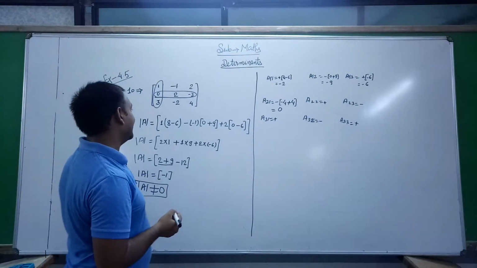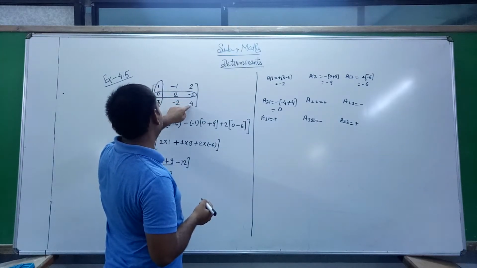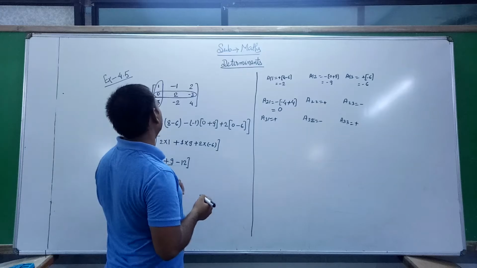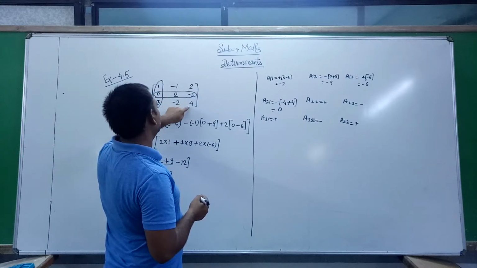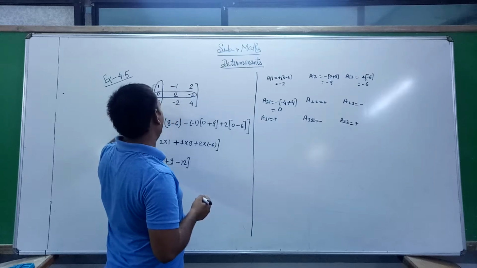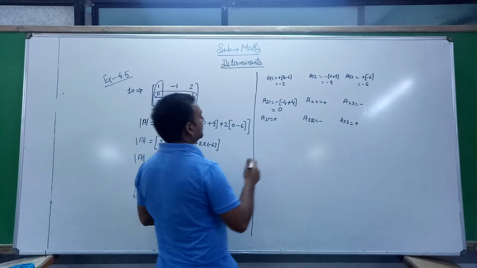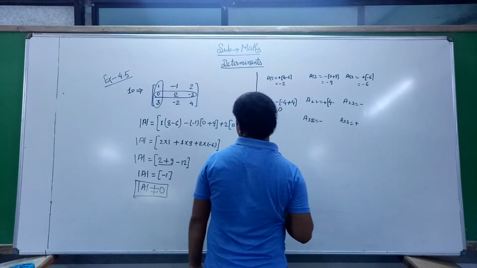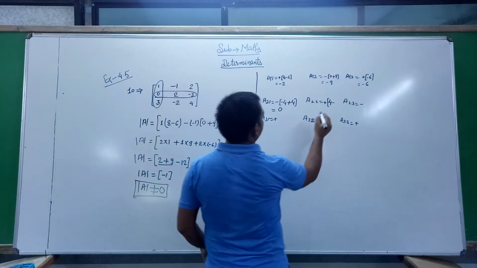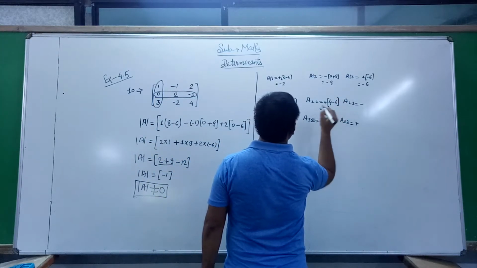Then you remove the second row and second column, so 1 4s are 4 and minus 3 2s are 6, so 4 minus 6, therefore this is minus 2.